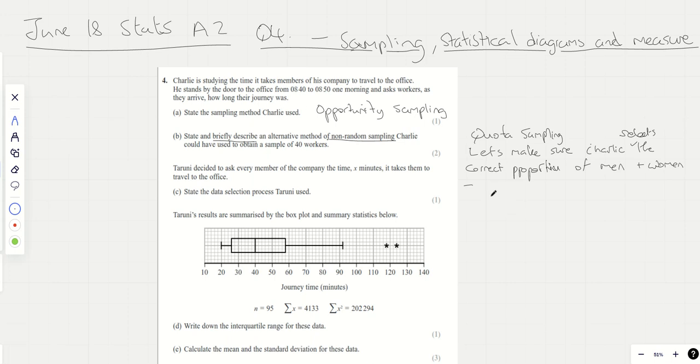They might have different length journeys from the original population.